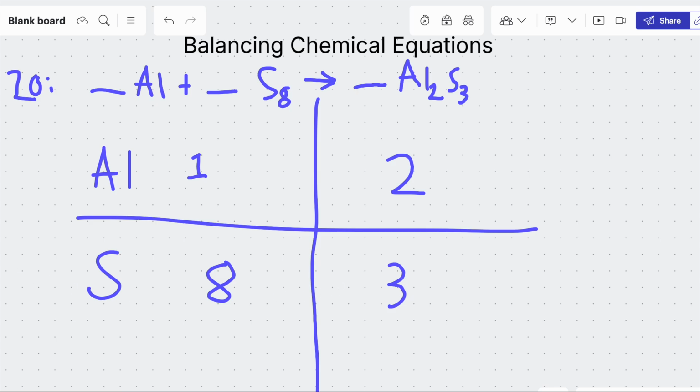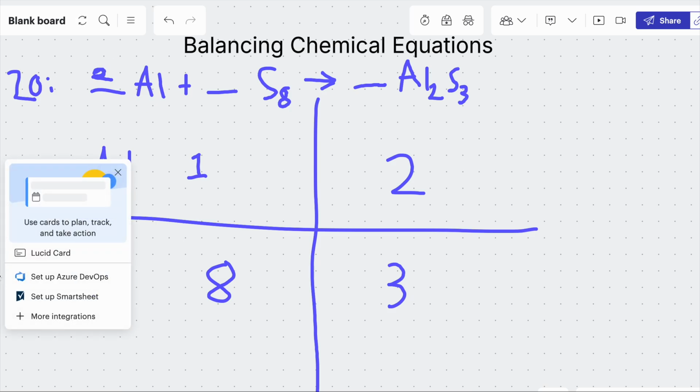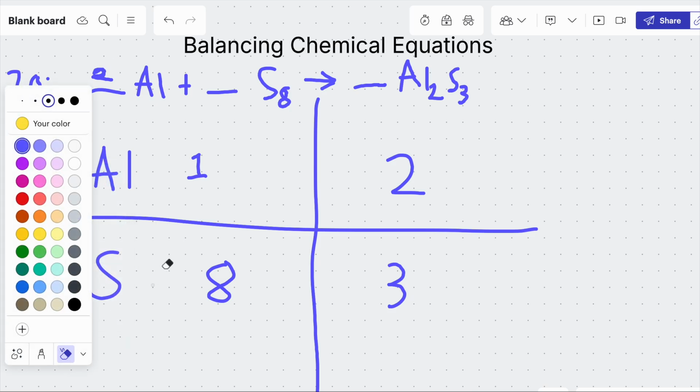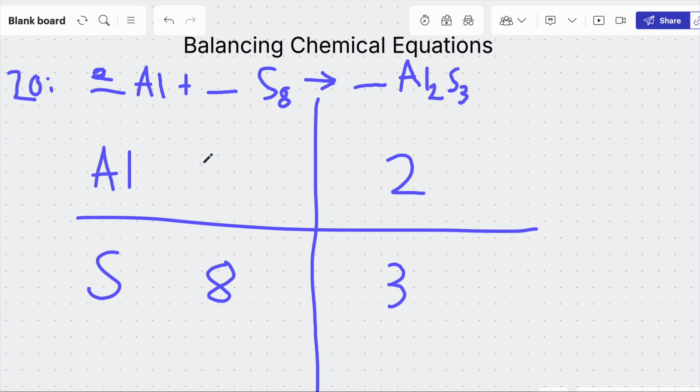Okay. Here's a fun little thing. If we were to start with our ALs, we'd put a 2 there, because that'd be 2 times 1 gets us to 2. Either way, we really end up needing to deal with the S's. We've only got AL2 S3 over here, which means we can only increase our S's by 3.